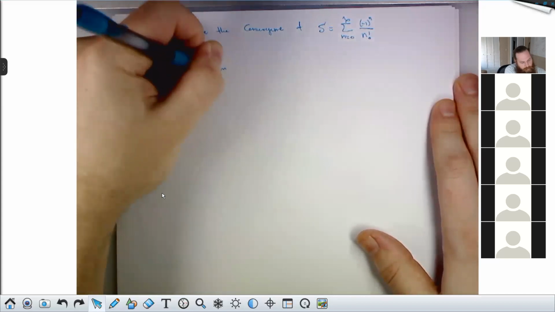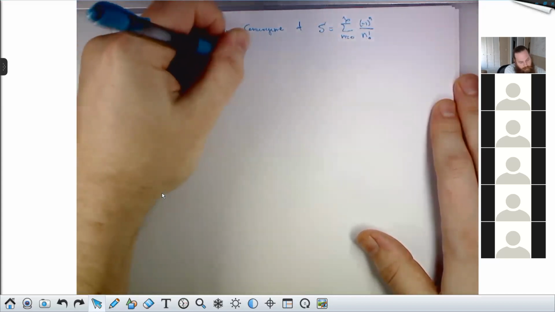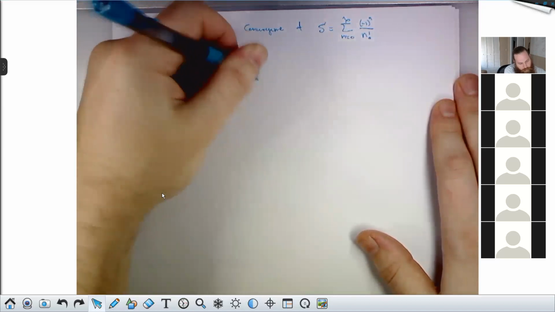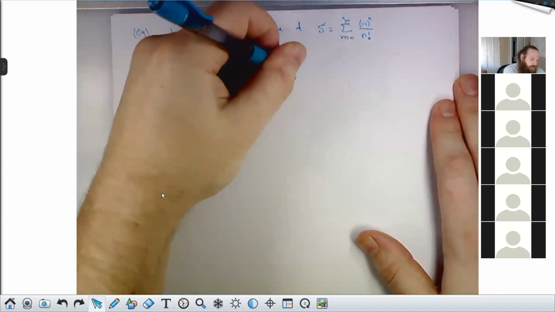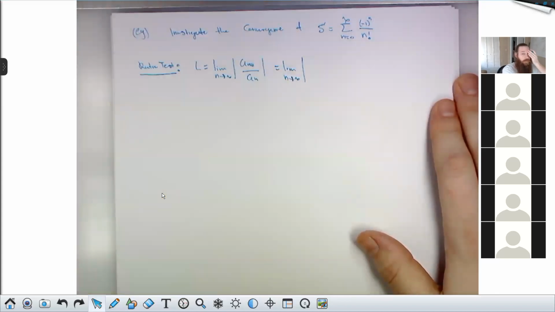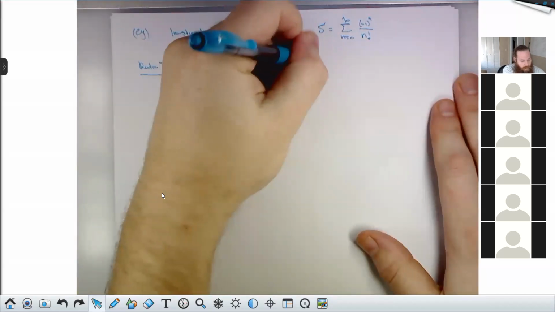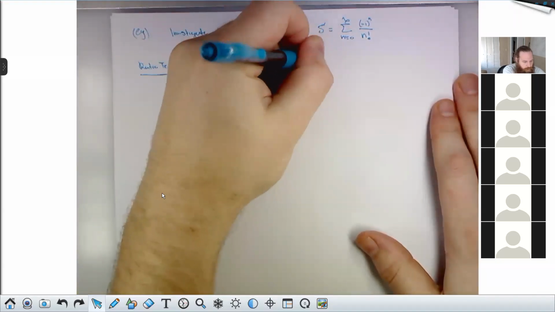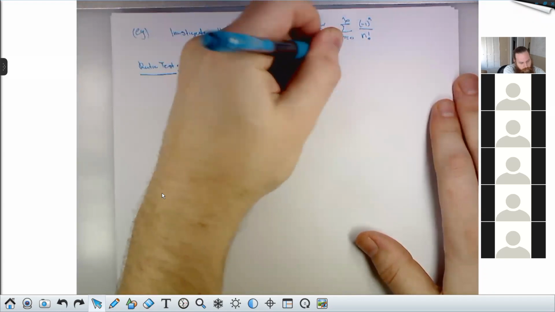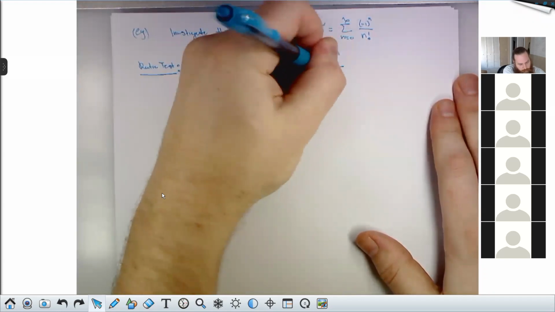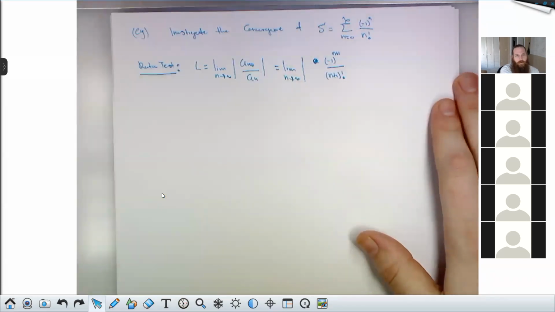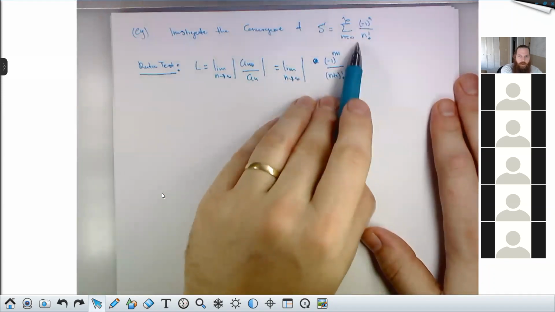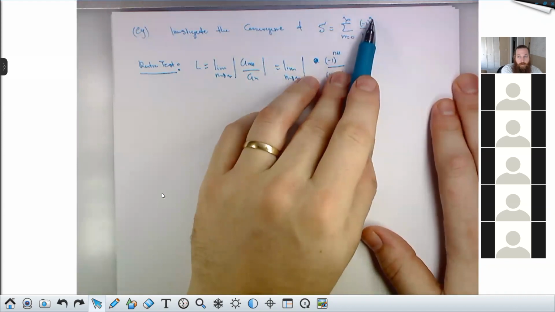L is the limit as n goes to infinity, absolute value an plus 1 over an. And in this case, that's the limit as n goes to infinity of the absolute value. Now an plus 1 is -1 to the n plus 1 over n plus 1 factorial. An plus 1 is what you get by taking your an's and everywhere swapping n with n plus 1.